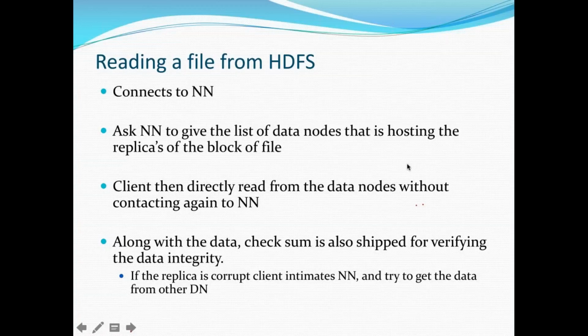Now, reading a file from the HDFS is a straightforward process. So let us go back to the reading part. Again I will make this bifurcation that you are in India and the cluster is in US.